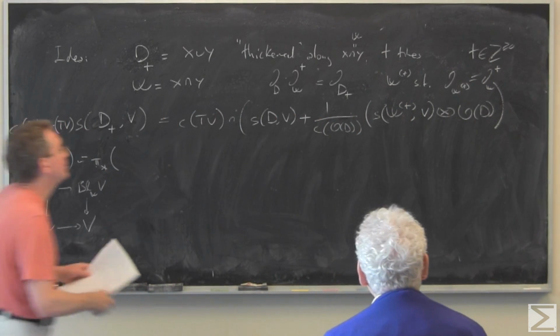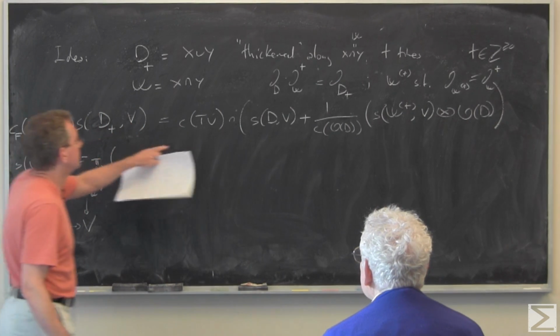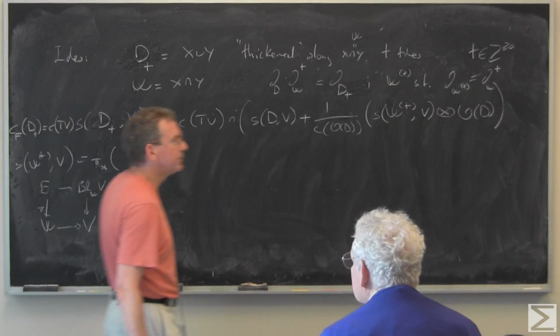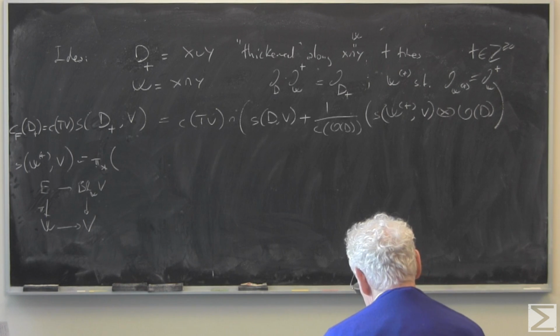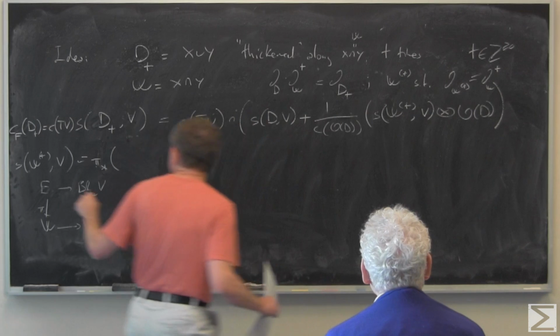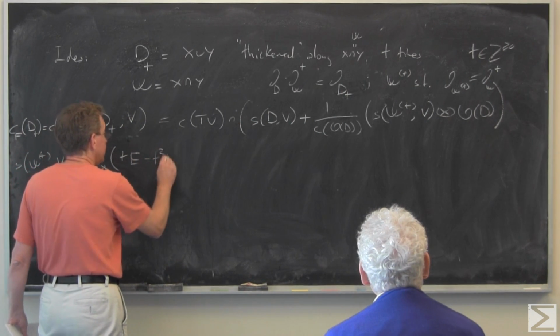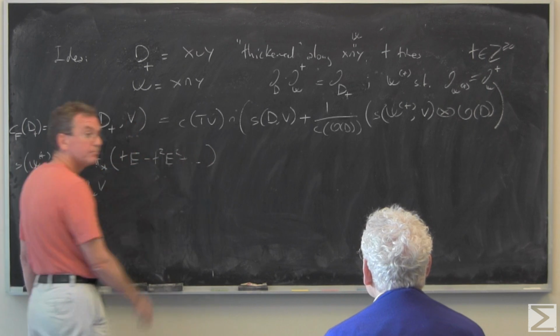As I say, my notation is not very consistent, but I think what I have on the board is all correct. This is true, that's true. So the effect of taking the tth power of the ideal will have the effect of multiplying this E by T. So this is TE minus t squared e squared plus dot dot.